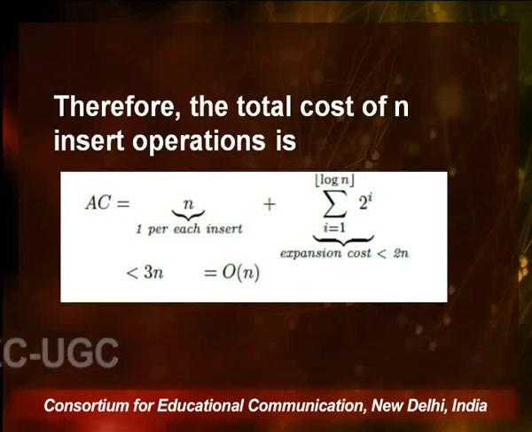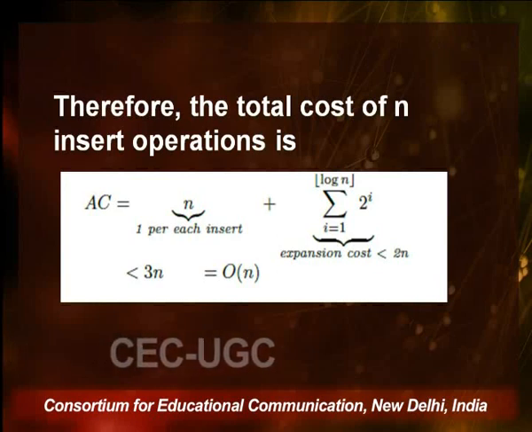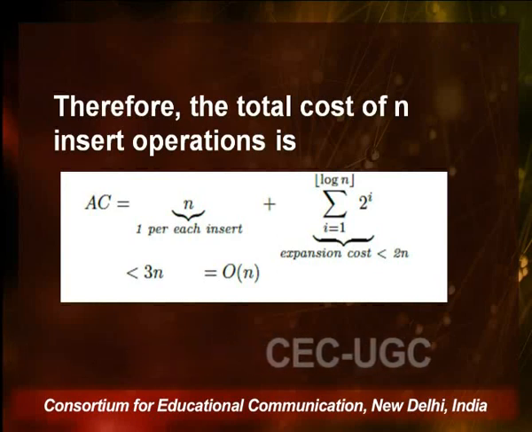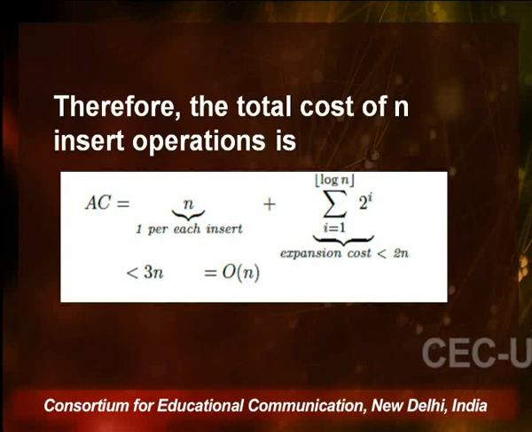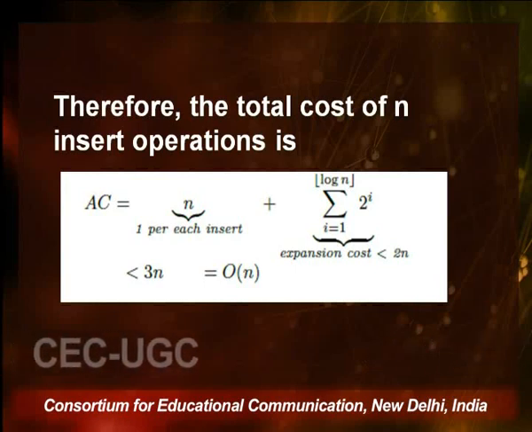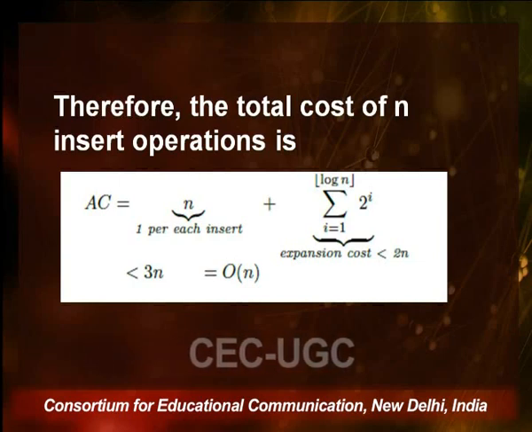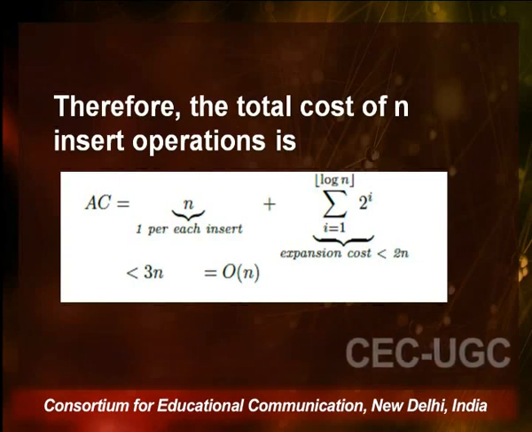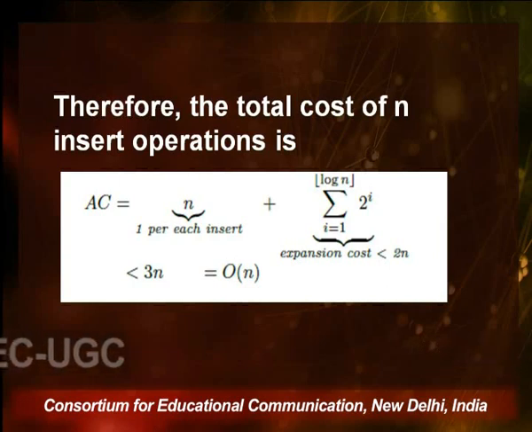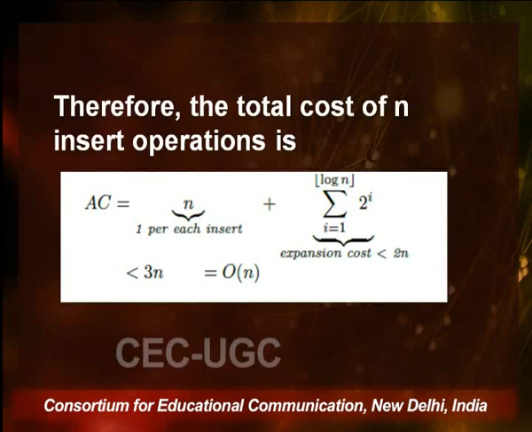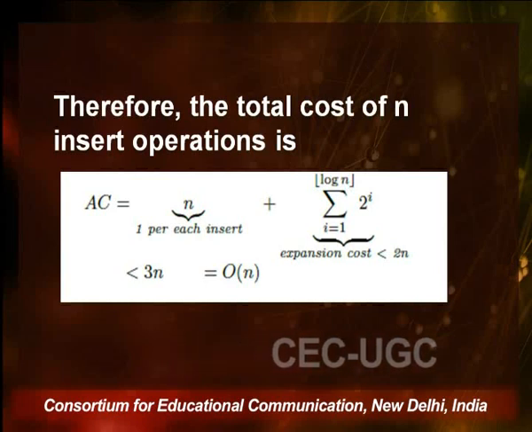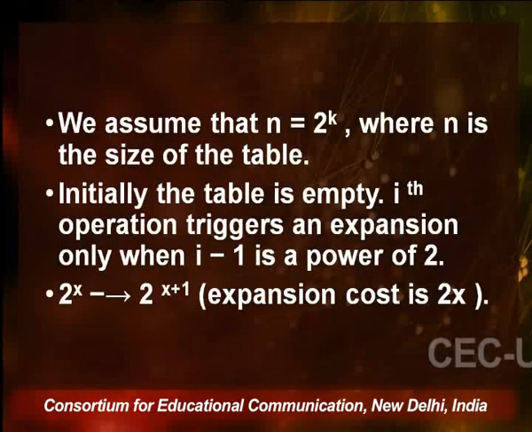And we also need to accommodate the cost of expansion, because expansion is happening. But the expansion happens at the ith operation if i minus 1 is a power of 2. That is what I told you in the previous slide.